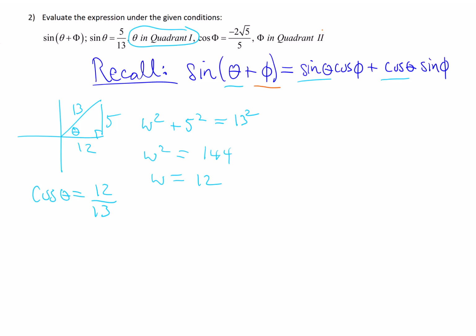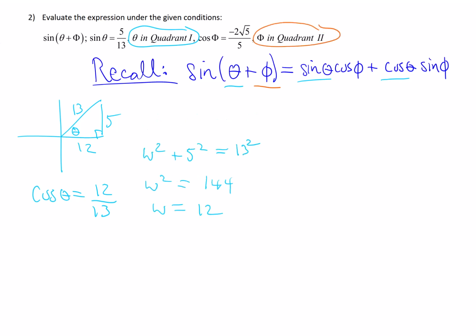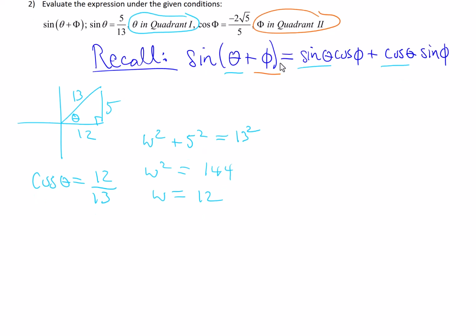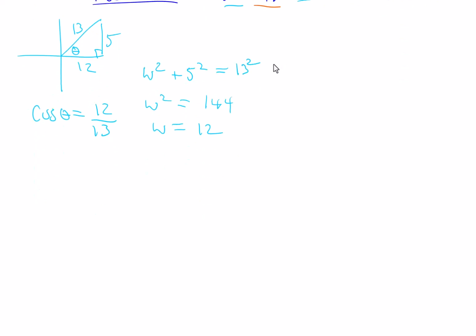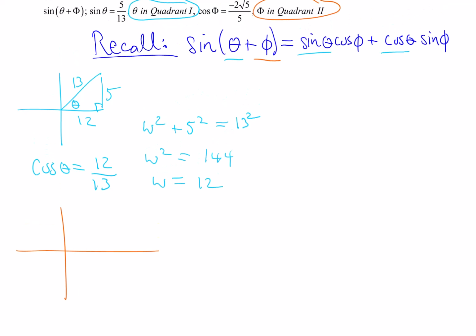They told us that phi is in quadrant 2. So let's move down here and draw another diagram, a separate diagram for phi. It's just helpful to keep them separate, I think, rather than forcing both angles into one diagram. You probably could get away with it if you're careful, but I just recommend being extra careful and keeping things separate.